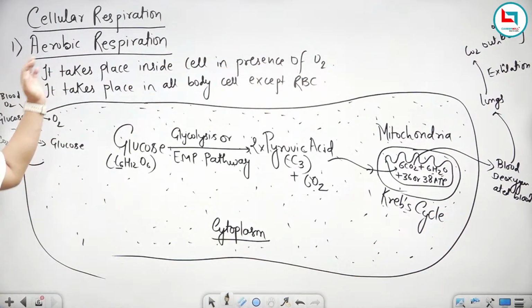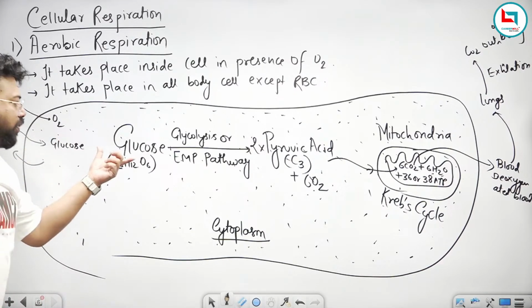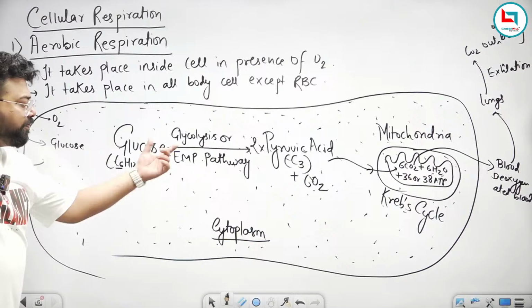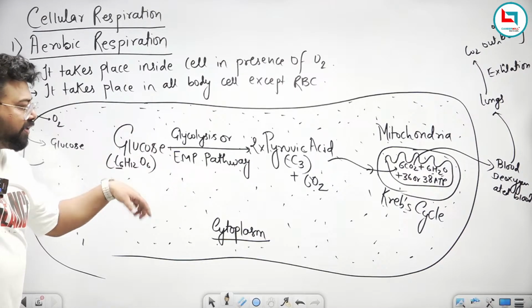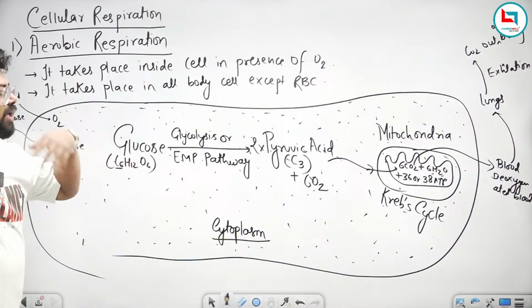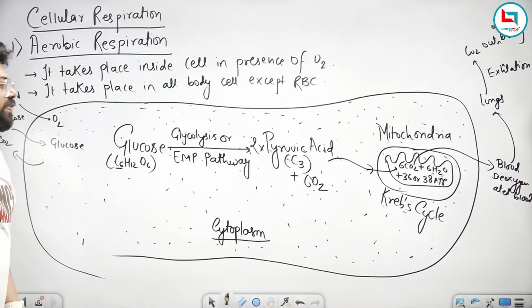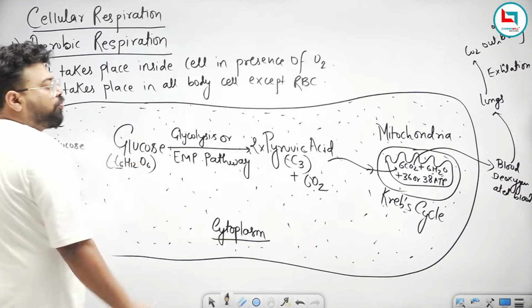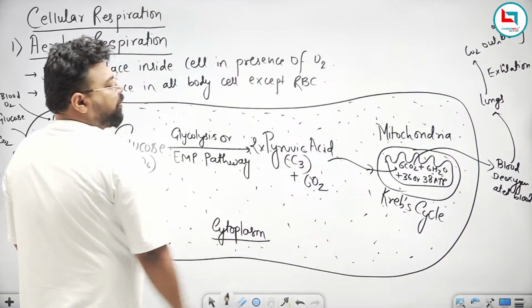So this whole process is going on inside the cell. What is happening? Glucose, which is coming through the process of digestion, and oxygen, which is coming through the process of breathing. First of all, this glucose will enter a cycle, that is glycolysis, in which 10 different reactions take place, and this glucose molecule will break down into pyruvic acid.